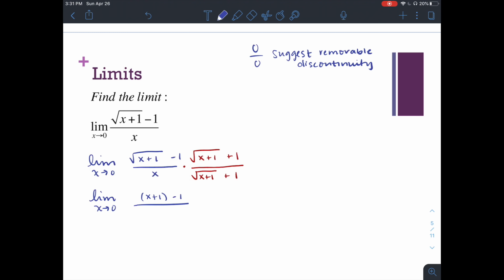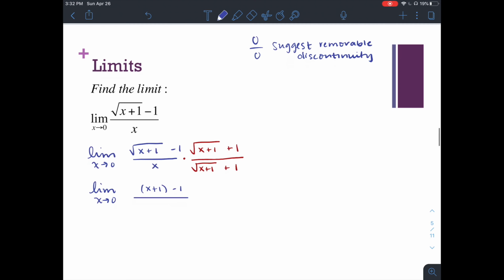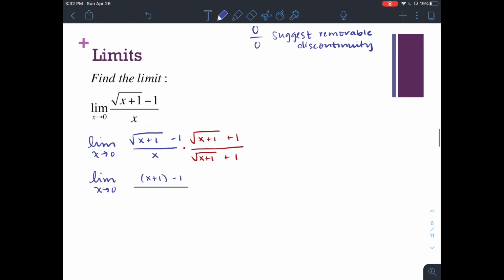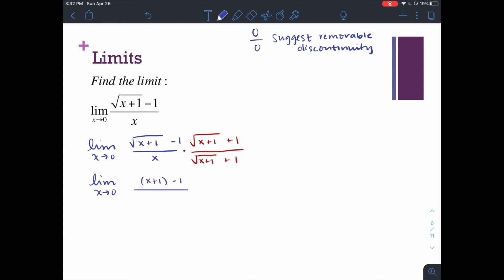And you can go through all of those steps, but you may recall from Algebra 2, multiplying by conjugates, a minus b times a plus b gives you a squared minus b squared. So if you remember that, you can use that shortcut, but you can go through the process of actually multiplying everything out. My denominator, I'm just going to write it this way.